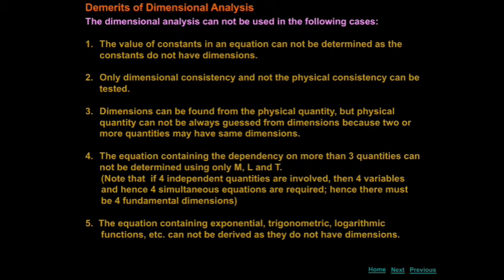What is the third one? Dimensions can be found from the physical quantities, but physical quantities cannot always be guessed from the dimensions, because two or more quantities may have the same dimension.